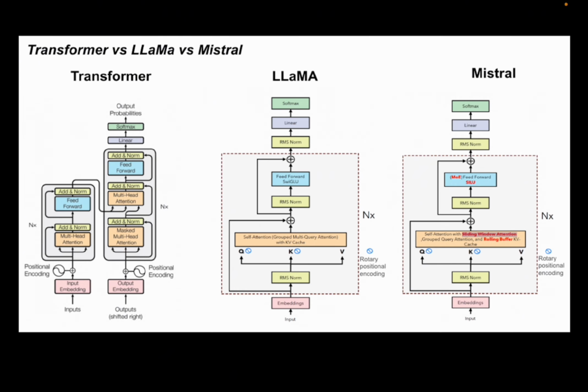Right after that we have this skip connection, which adds the information from just the step before the RMS norm. And after the RMS norm, what we have is a mixture of experts instead of a feed-forward layer. Usually we have a feed-forward layer, as you can see here in the transformer, but here we have something called mixture of experts.